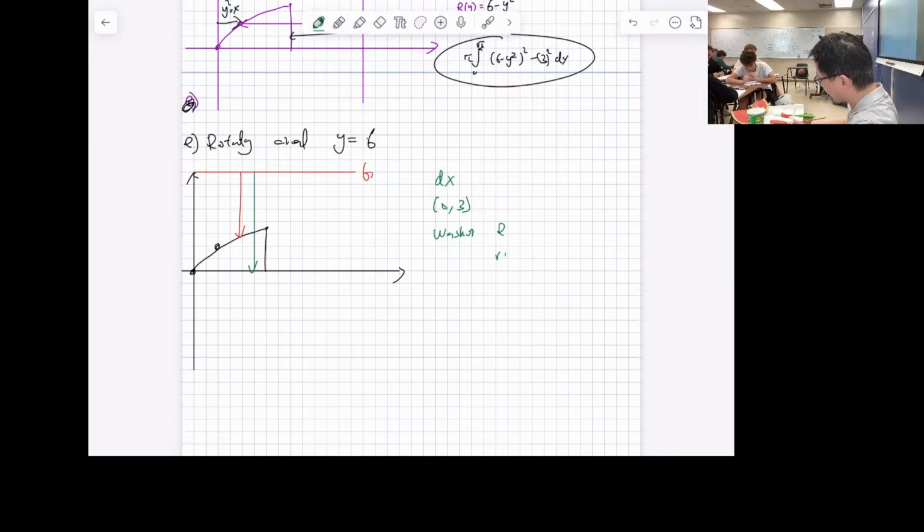What's big R of x? Root x is 6. What's small r of x? 6 minus root x. So integration from 0 to 3 of pi times 6 squared minus (6 minus the square root of x) squared dx.